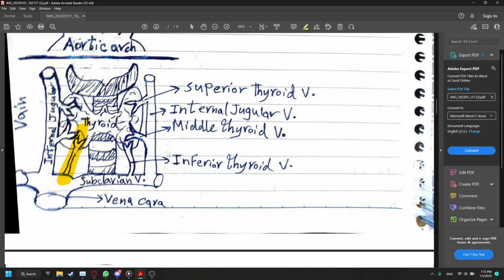This depends on what type of medicine books you study. Some medicine books say there is only one inferior thyroid vein and it only comes from the vena cava, and other books would say no, there are two of them. One of them comes from the left subclavian vein, and the other from the superior vena cava.